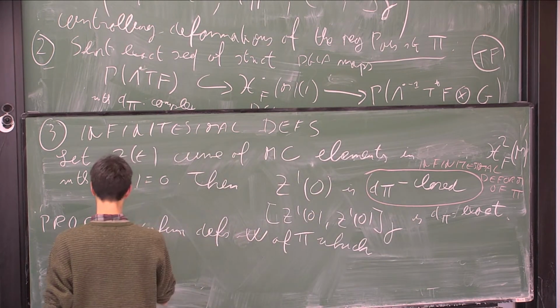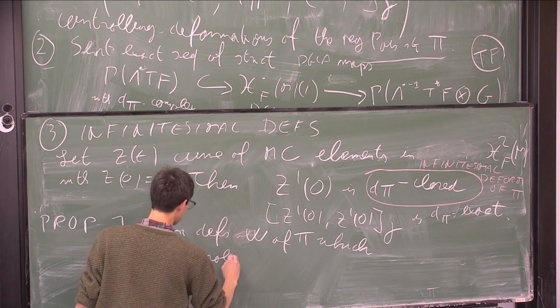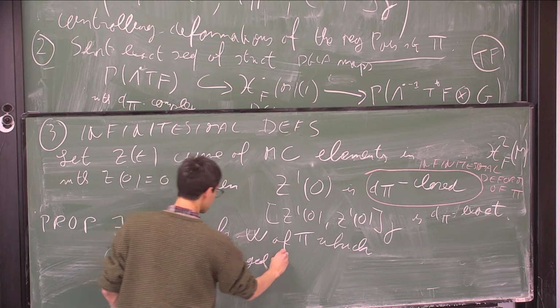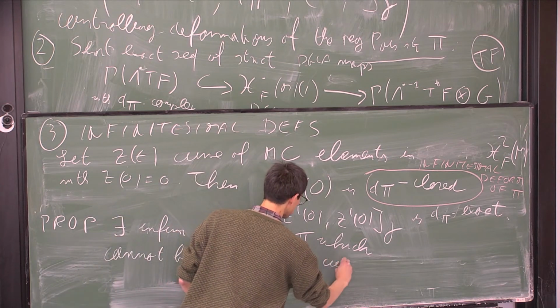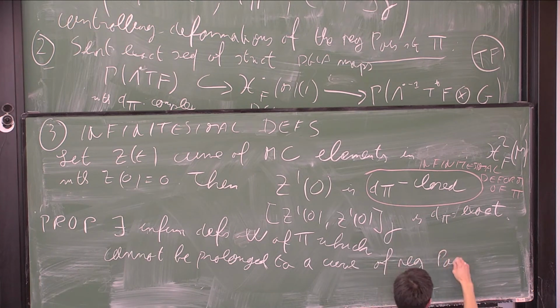It means that they cannot be prolonged to a curve of regular Poisson structures.